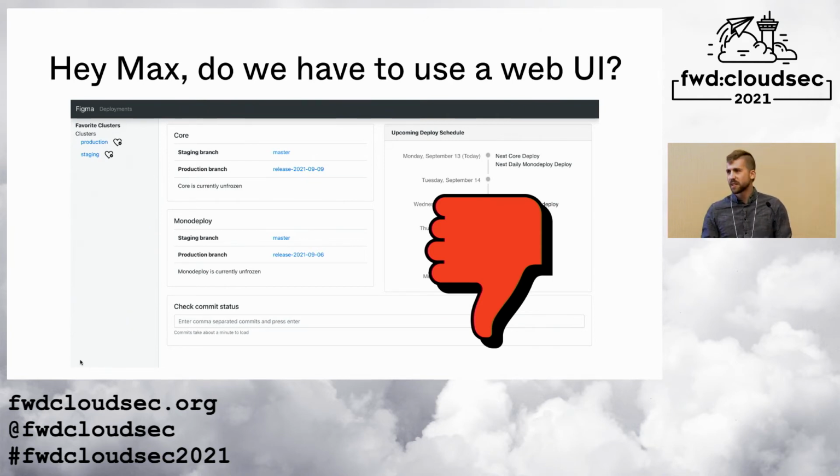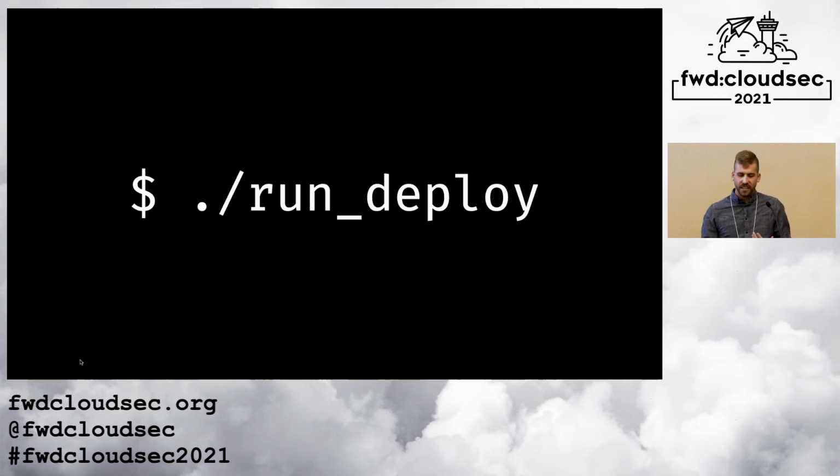And so the question quickly came up, do we have to use a web UI? Like, we've been working in the shell forever. Yes, it's a nice, pretty web application, but can we get a CLI that can call these APIs as well? And at first glance, this is kind of challenging.